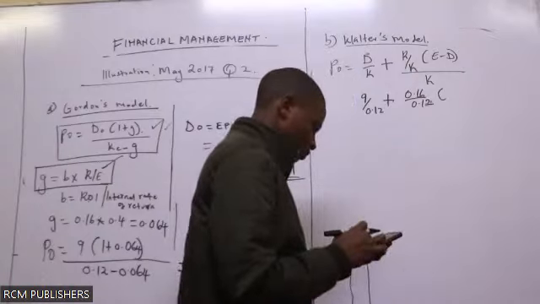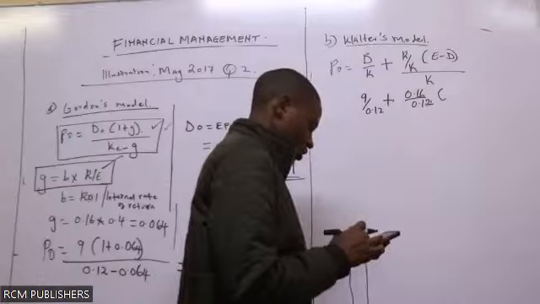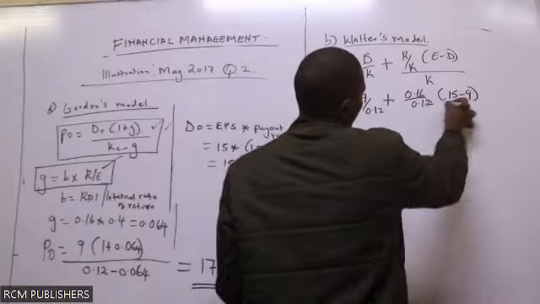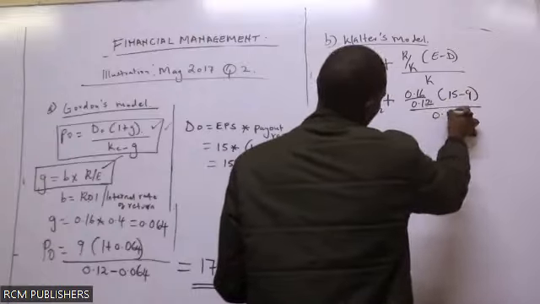Earning was 15. 15 minus D. Then we divide by 0.1.